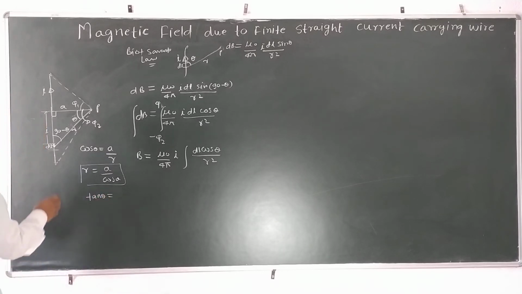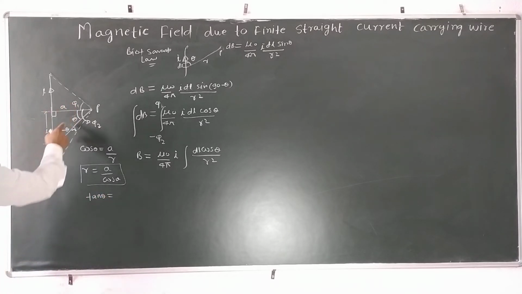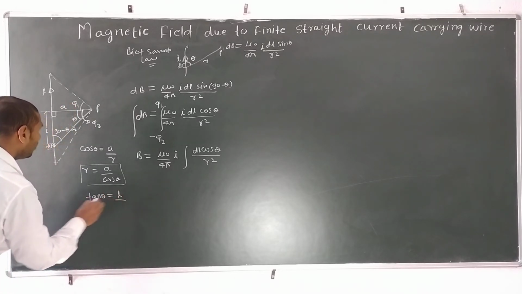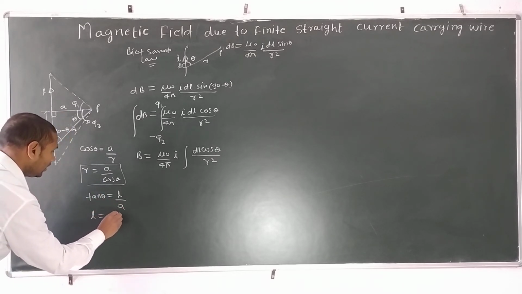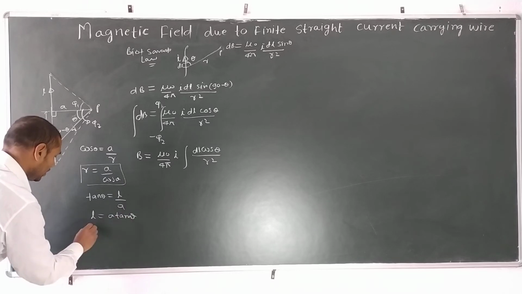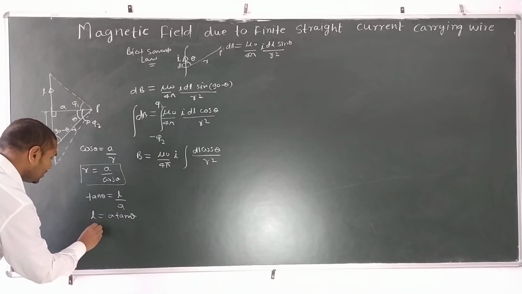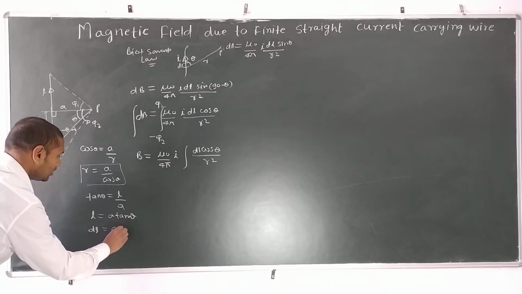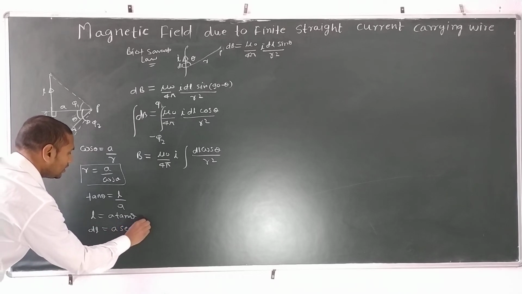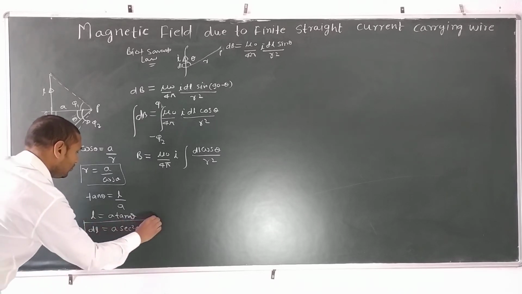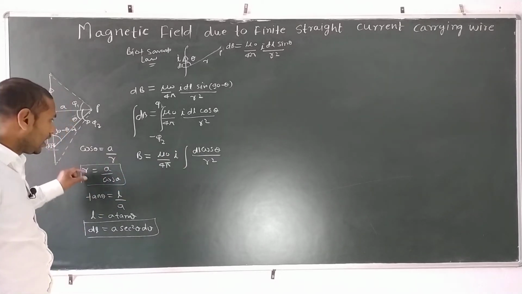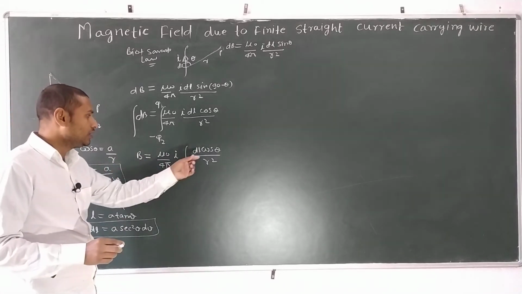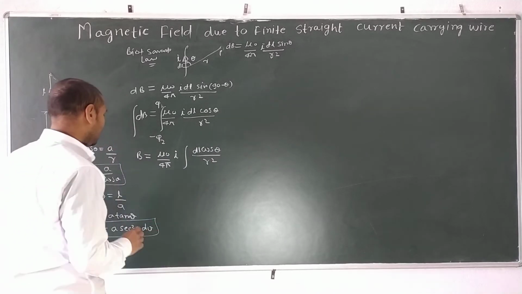This gives perpendicular upon base, which means L upon a, and from here L equals a tan theta. As you differentiate, we get dl equal to a sec square theta d theta. We will replace this dl and the r from here, so that we have only one variable, that is theta.